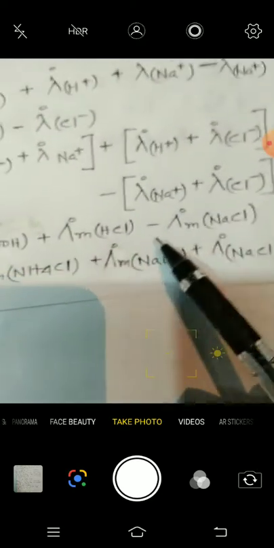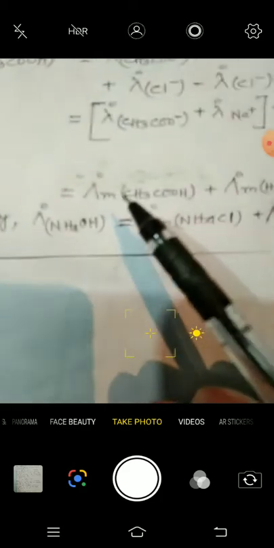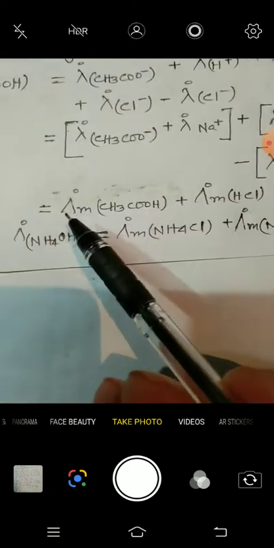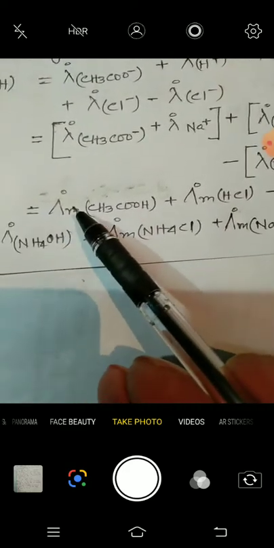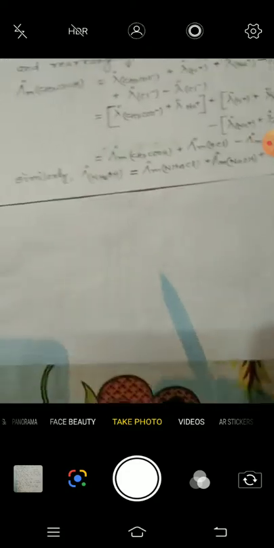In this way you can get the limiting molar conductivity of acetic acid by calculating these things, means by adding the limiting molar conductivity of sodium acetate, sorry, here it will be sodium acetate, yes.